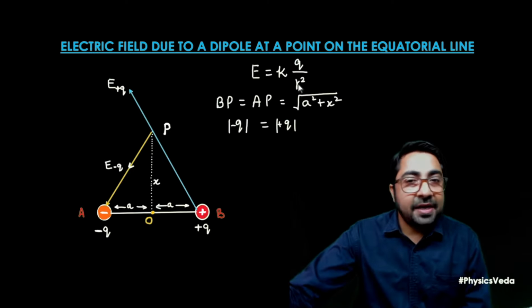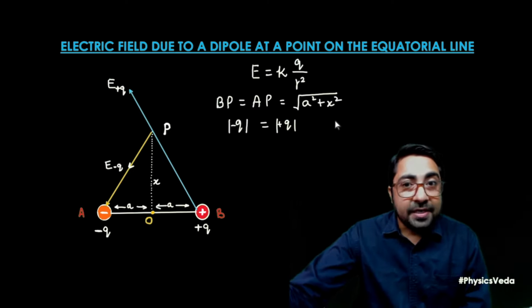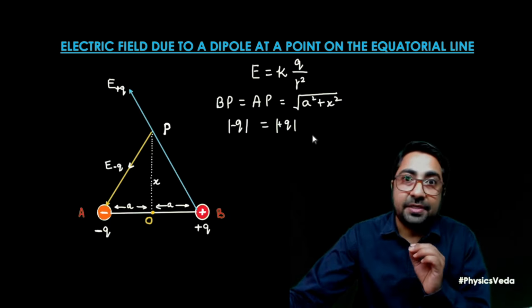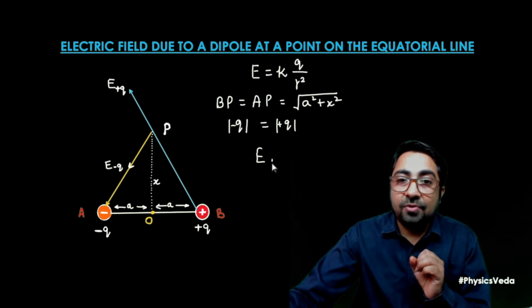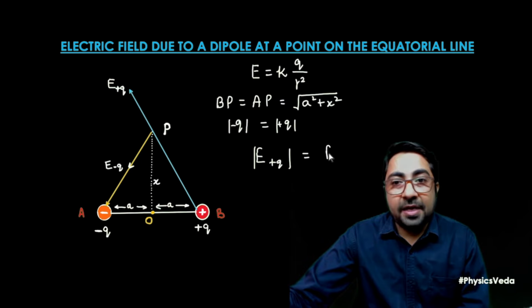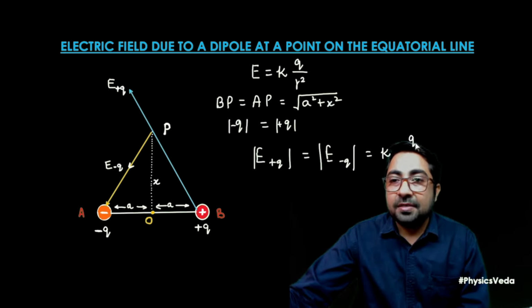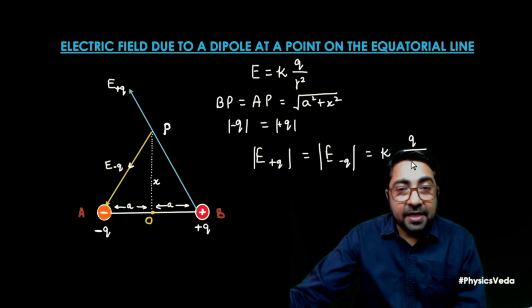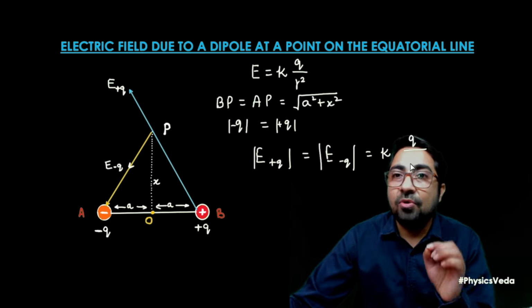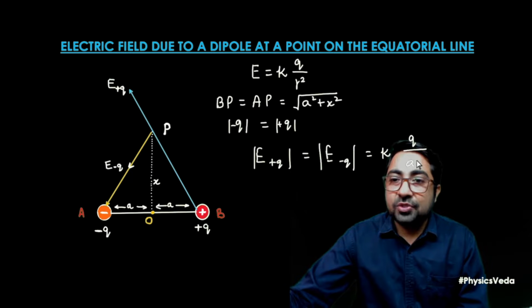So what will be the magnitude of the electric field intensity due to both charges? That is, E due to the positive charge, I am taking the magnitude here, and E due to the negative charge, again the magnitude. It is equal to the constant, times the magnitude of the charge, upon the distance from the charge to the particular location squared, that is a square plus x square.